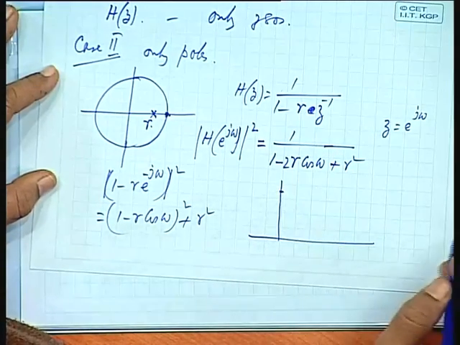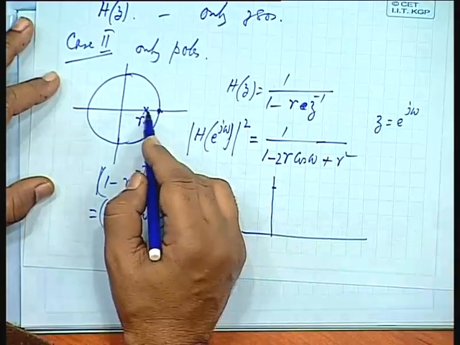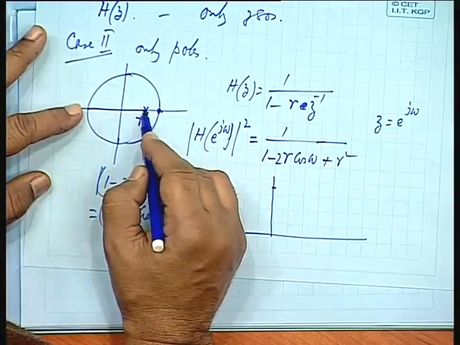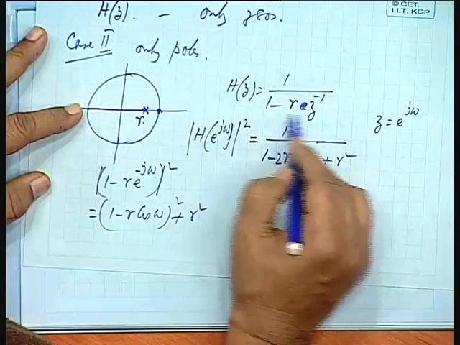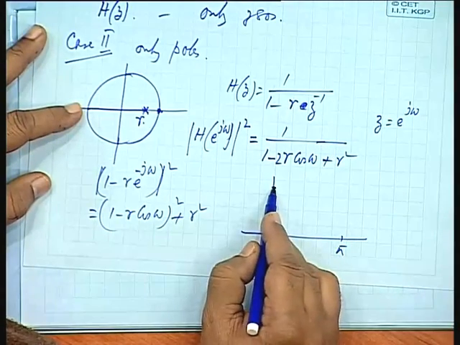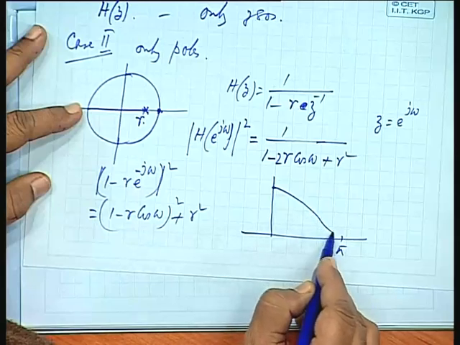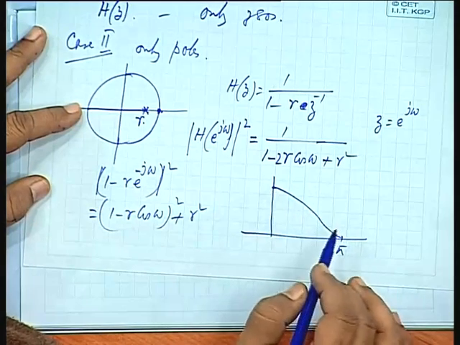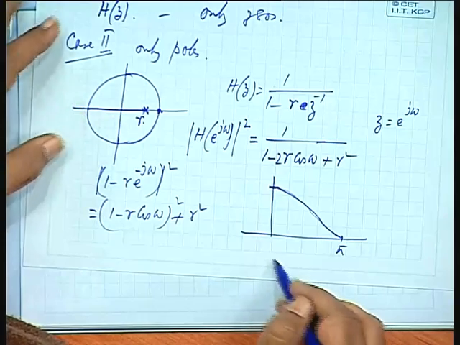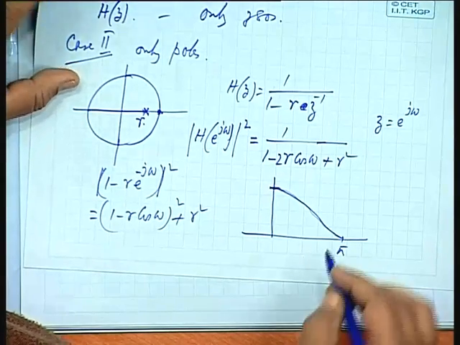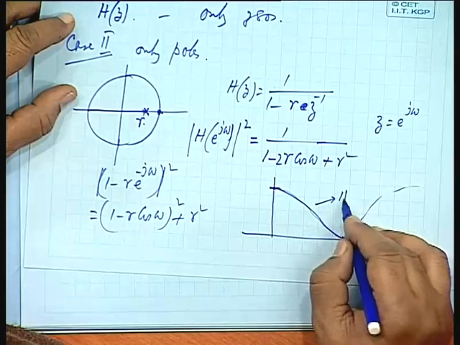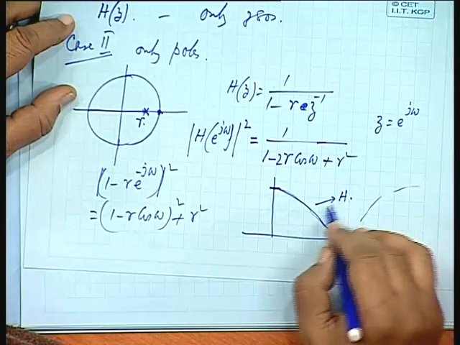It is having maximum value here, and when it is going to π, this distance is maximum, so the overall function becomes minimum. So, at π it is falling like this. We will see the nature of variation later on. So, is this a high pass or low pass? Low pass.